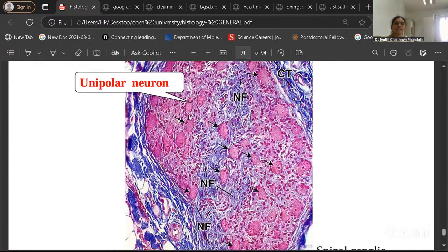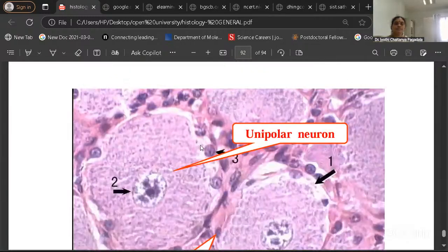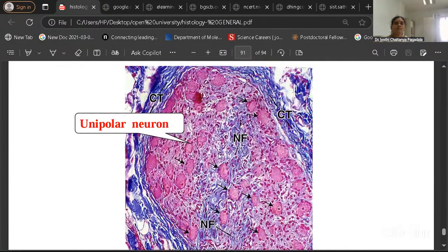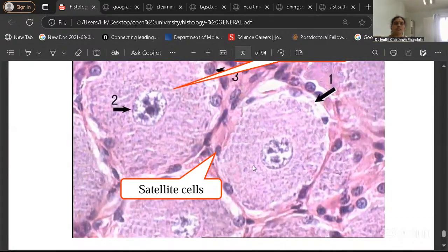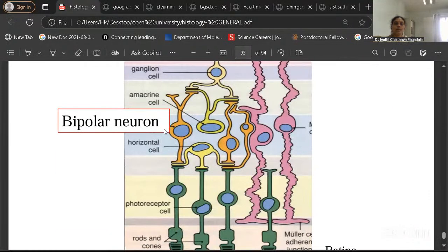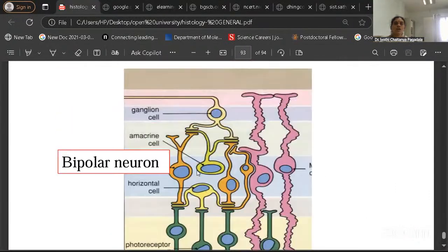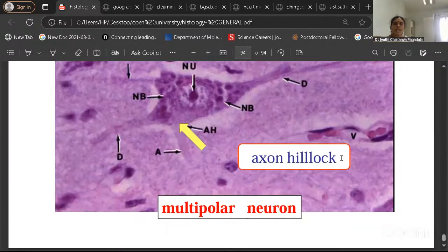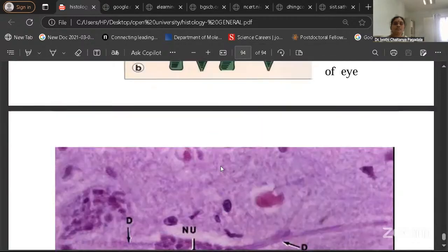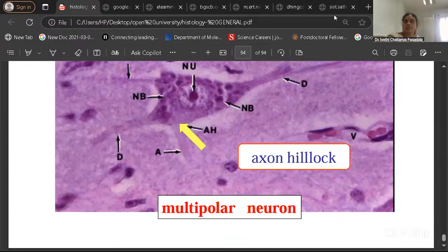Here you can see the unipolar neuron in the spinal ganglia, and the bipolar neuron in the retina of the eye, and a multipolar neuron with its axon hillock. Here I want to explain.